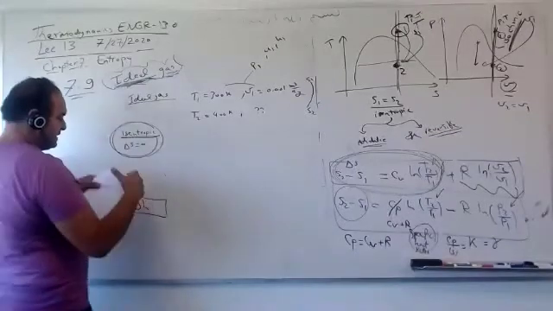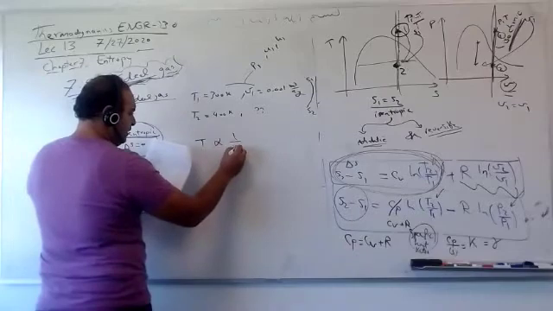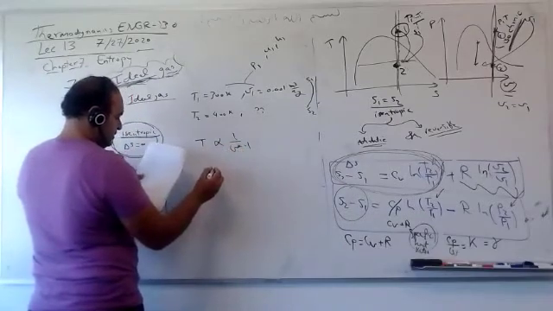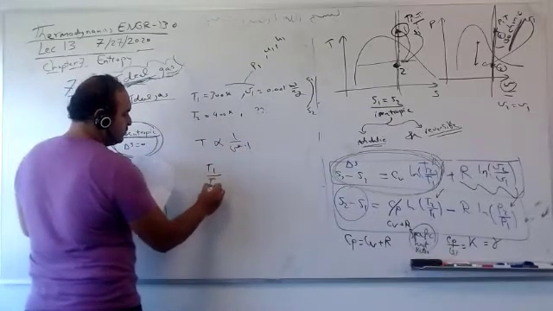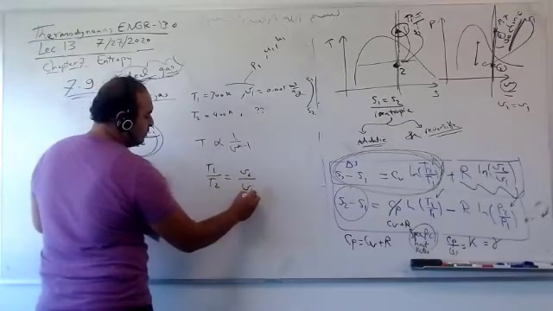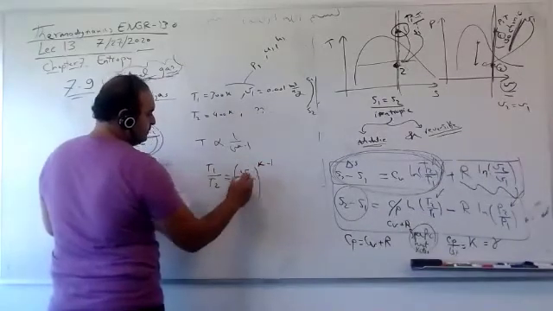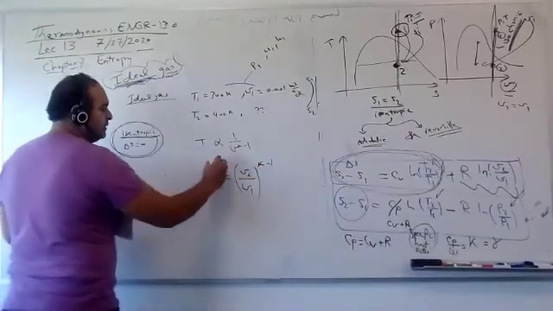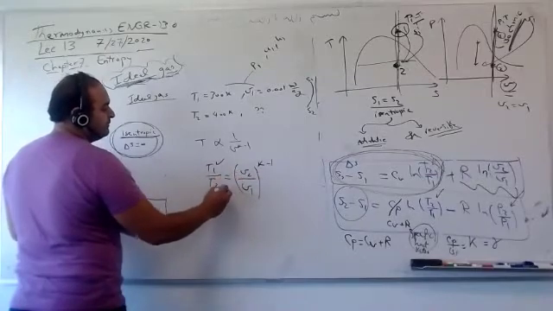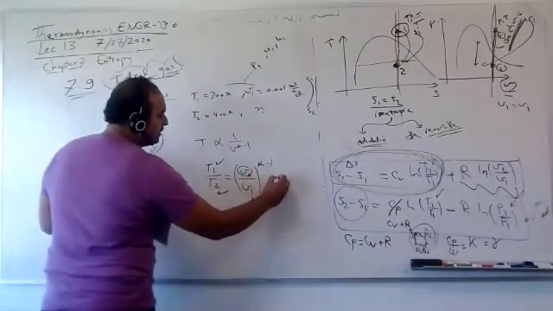Or just use this equation: T proportional to V to the K minus 1, which means T1 over T2 equals V2 over V1 to the power K minus 1. You have T1, T2, V1, so you can get V2.